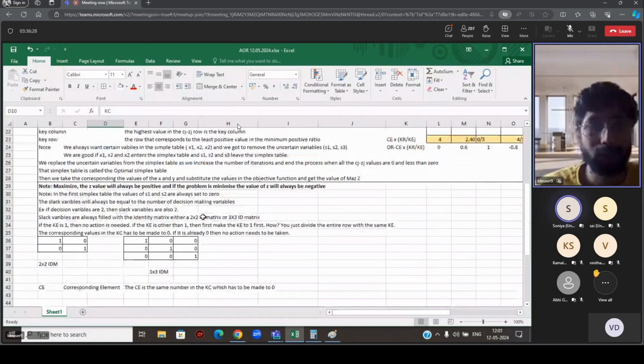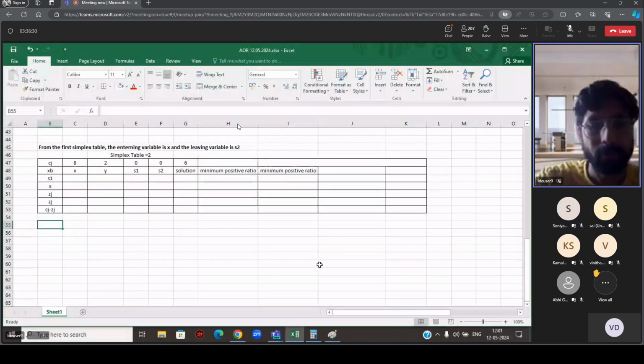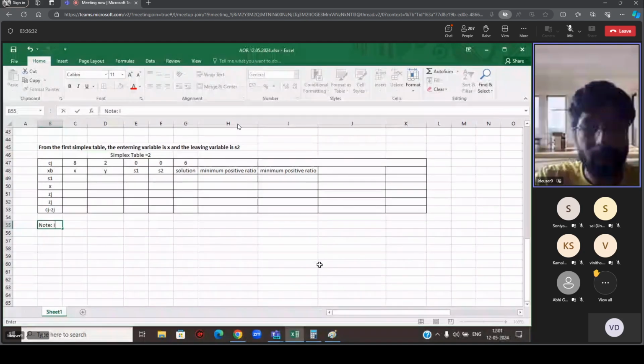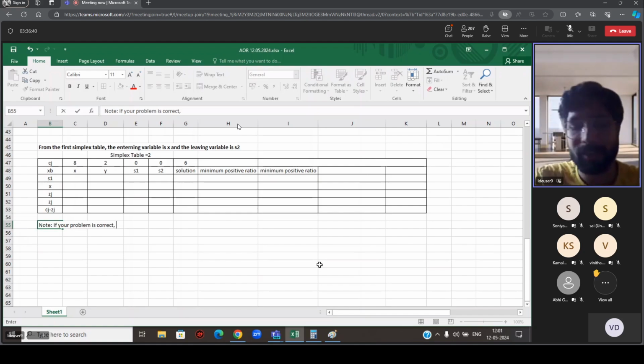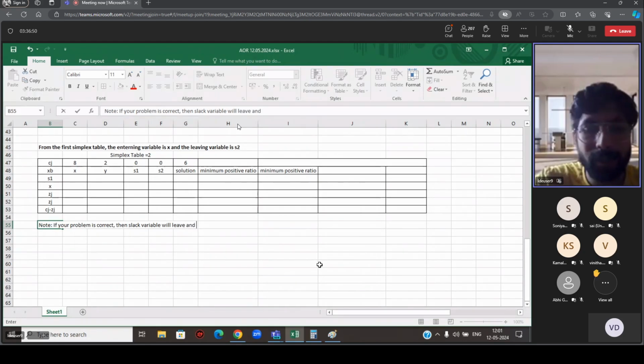See, I'll put one more note for you people. Note, if your problem is correct, there's one more hint there. If your problem is correct, then slack variable will leave and basic variable will enter.